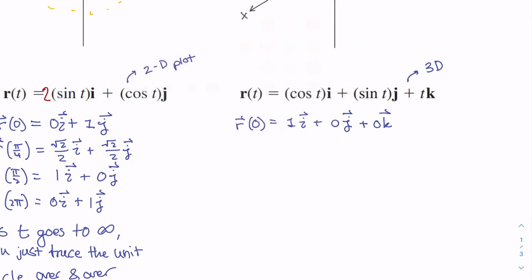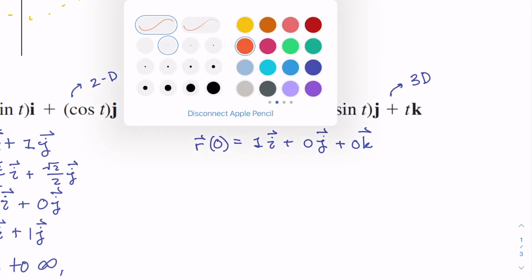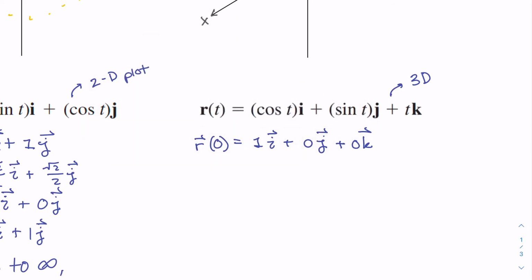Now you may notice that if I got rid of this k component, pretend it didn't exist, then that actually looks like the plot we just made. That cosine t i plus sine t j, that is the unit circle plot. So see how adding this k component, t k, changes the plot that we just did. So keep that in mind as we move forward.